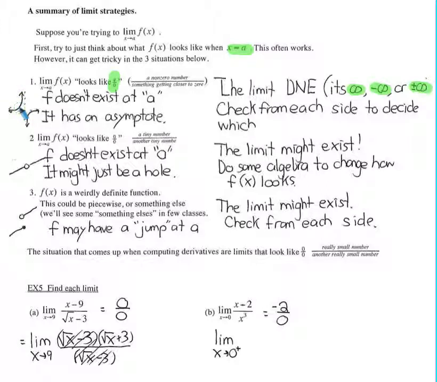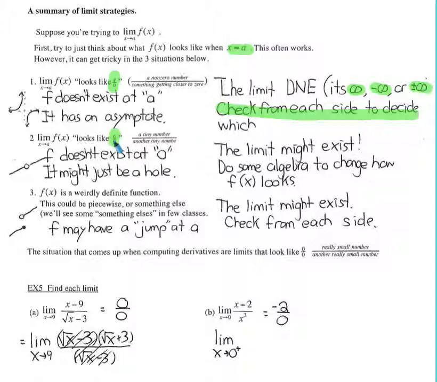So here's an example over here on the left where it's approaching positive infinity on the left and approaching negative infinity as you come in from the right. So what you're going to have to do to sort this out is very carefully check from each side to decide whether we got something that's positive infinity, negative infinity, or both.